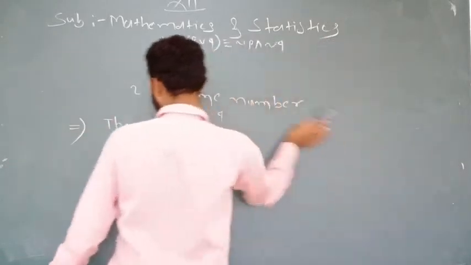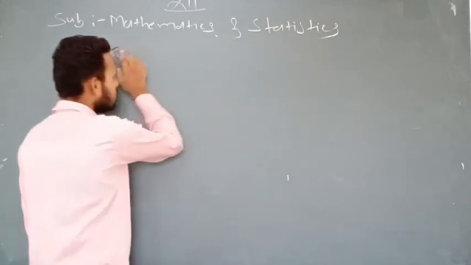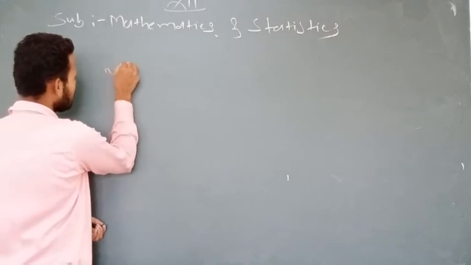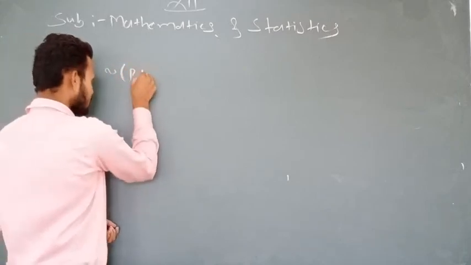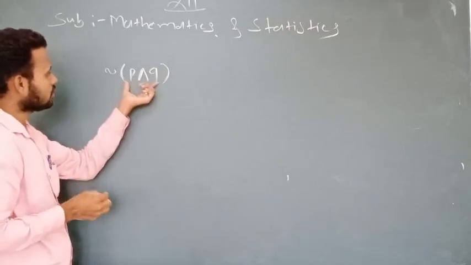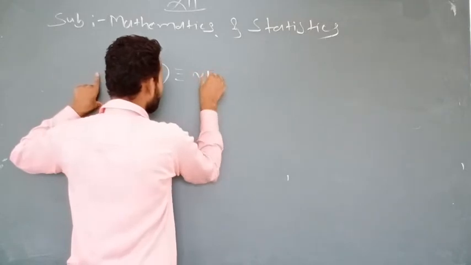Now the next one is negation of conjunction. We saw that the negation of a conjunction of P with Q, the negation of a conjunction of two simple statements, is the same as the disjunction of their negations.